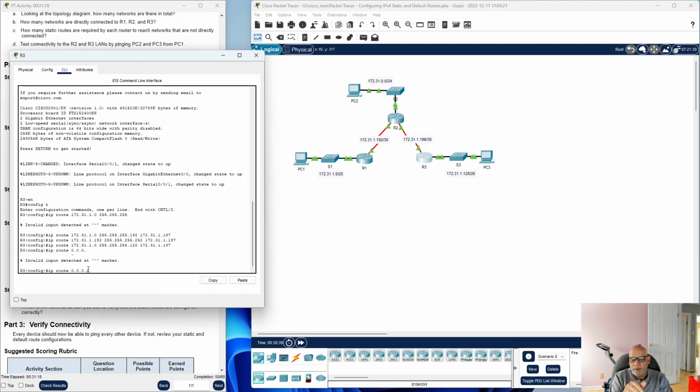Default routes are created on a router, usually on a router that is connected to the internet. A router needs to know every network in order to route packets. Now, if you think about it, your router at home, which is connected to the internet, cannot know every single network on the internet, right?